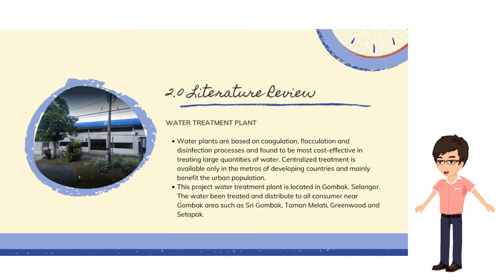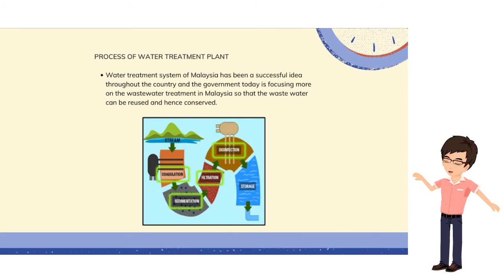This project's water treatment plant is located in Gombak, Selangor. The water is treated and distributed to all consumers near the Gombak area, such as Seri Gombak, Taman Melati, Greenwood, and Setapak.